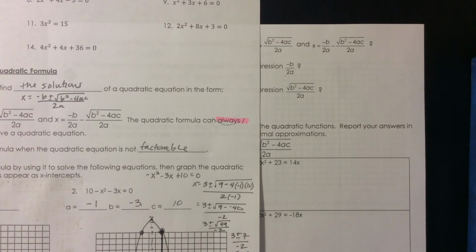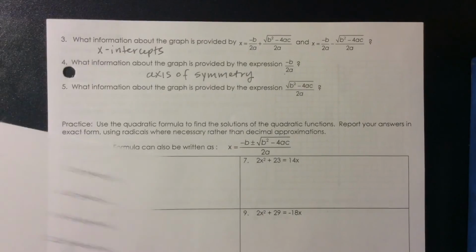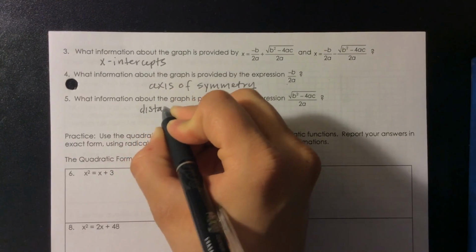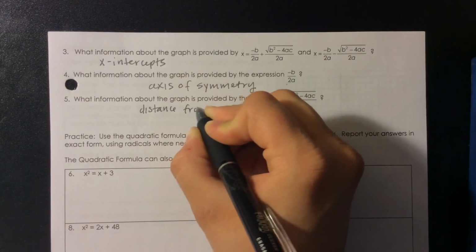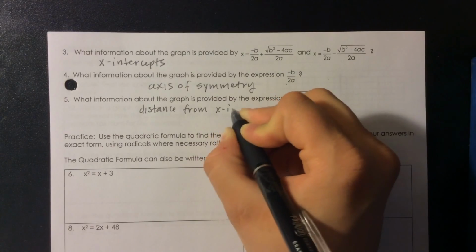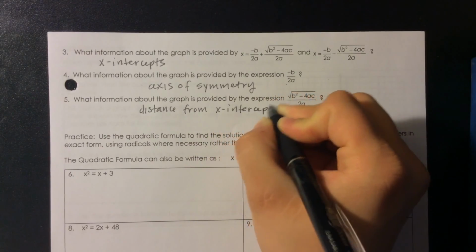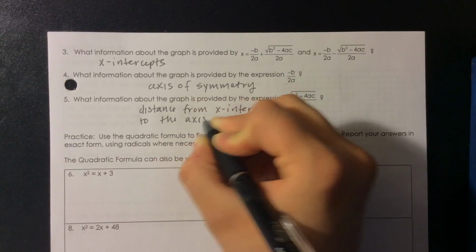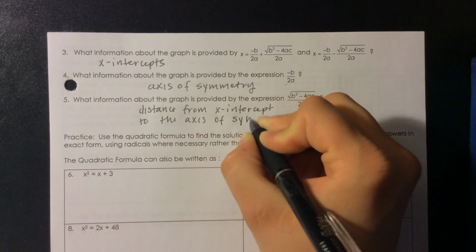That is actually our distance to our axis of symmetry. Half, 1, 2, 3. So that is our distance from the x-intercepts to the axis of symmetry.